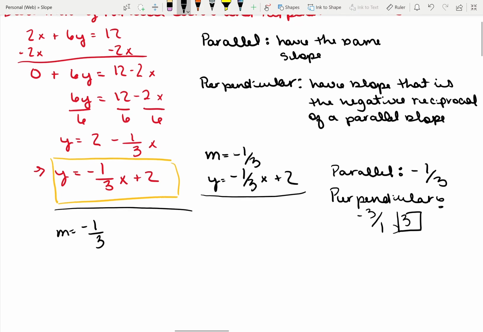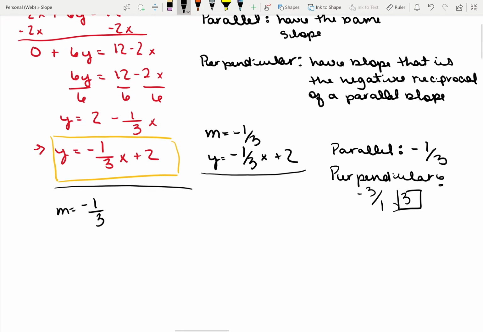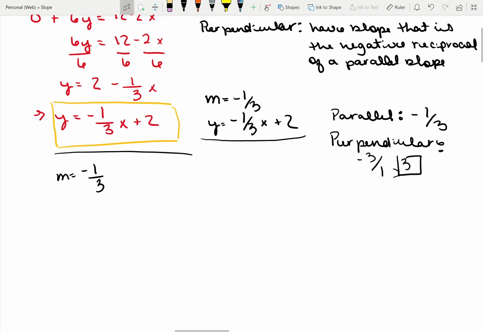So I'm going to scroll up just a tad bit here to focus a little bit more on the perpendicular.